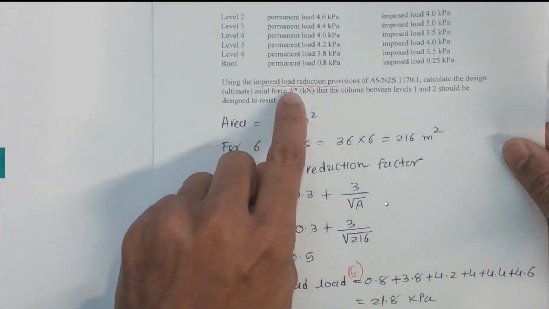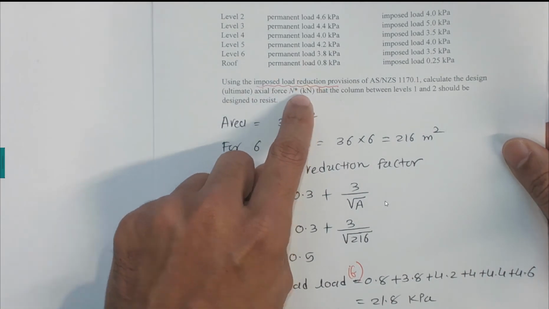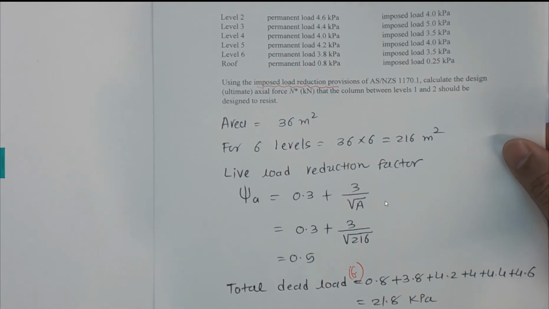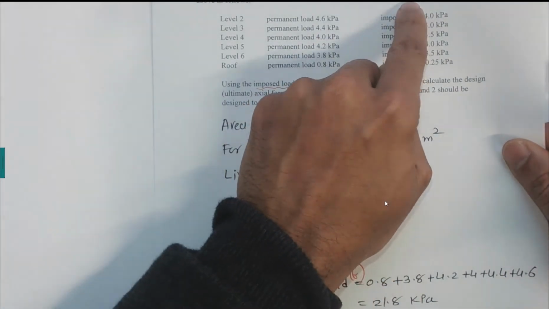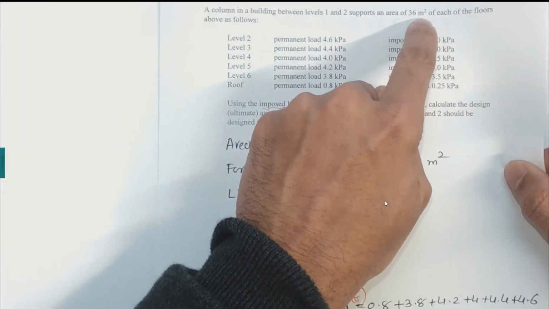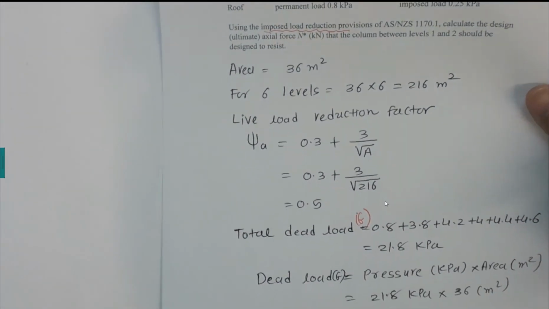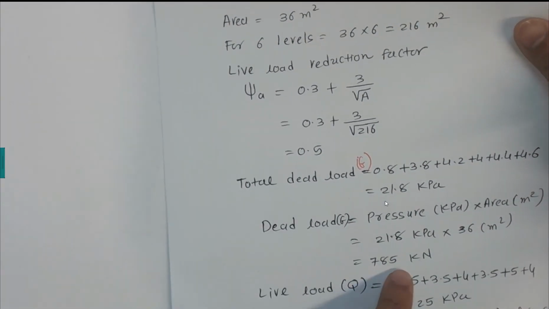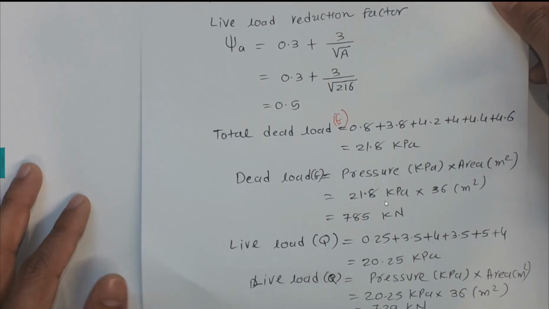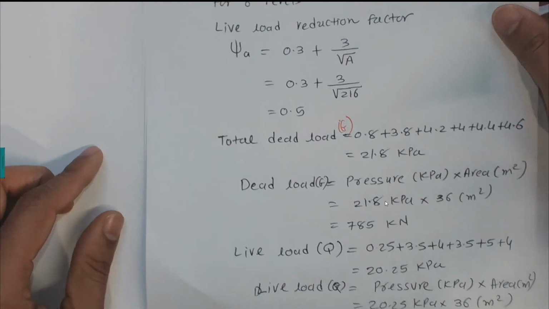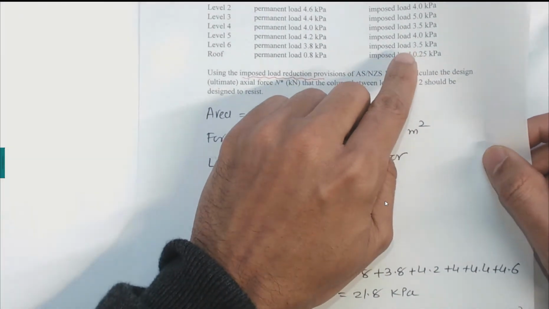Now we need to find these loads in kilonewtons, so we need to convert these kilopascals into kilonewtons. That would be pressure times area, 21.8 kilopascals times area. Please note this area is the individual area, which is 36 meters square. This is not the total area. So that gives us 785 kilonewtons.